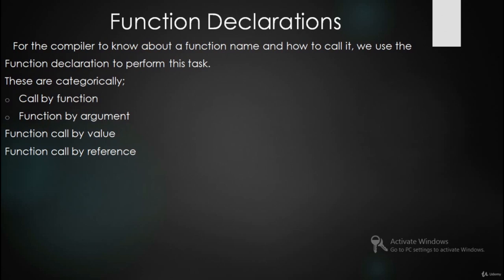So under function by argument, we have function call by value, and then function call by reference. So let's take them one after the other. Then let's build a program to understand the call by value function and then call by reference function.